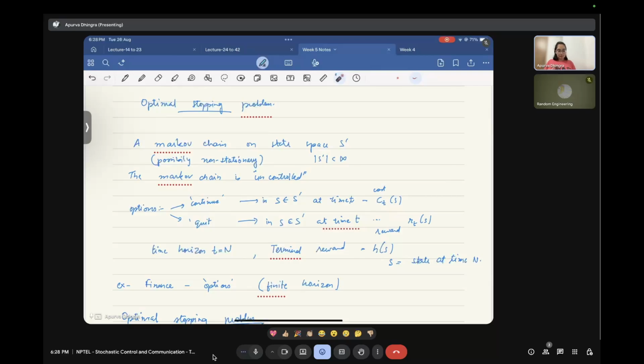On the other hand, if you've reached a situation where the stock price has reached a certain level and you don't want to continue anymore, you could exit out of it. And once you exit the stock, depending on what your stock's value was when you bought it and when you exited, you'd probably get a reward. I'm assuming that you're not booking losses. You're more interested in booking profits, which is typically the case.